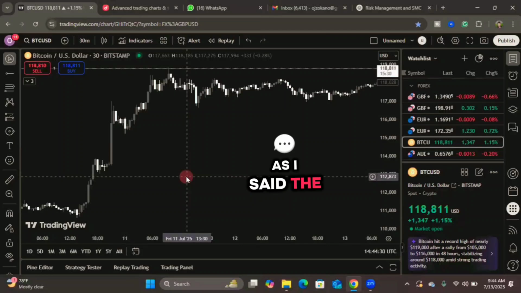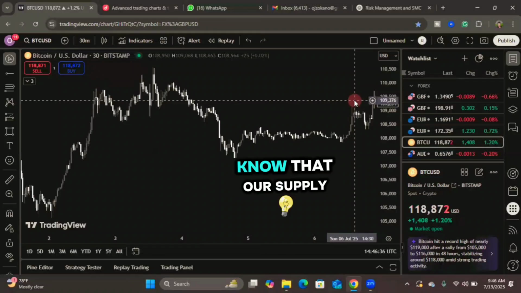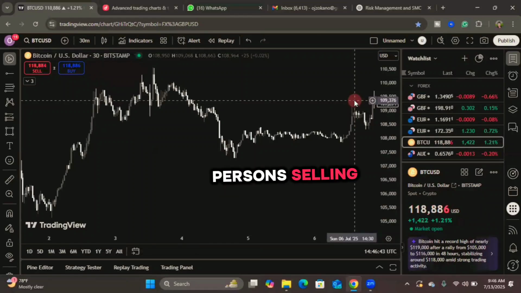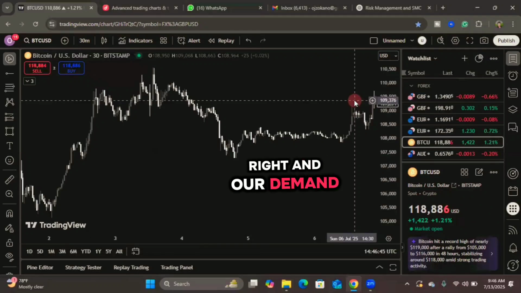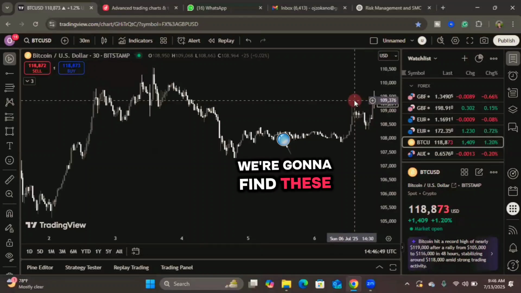As I said, the buyers are at the demand zone, and the sellers are at the supply zone. Our supply zone is where we have persons selling, and our demand zone is where we have persons buying. We're going to find these demand and supply areas.